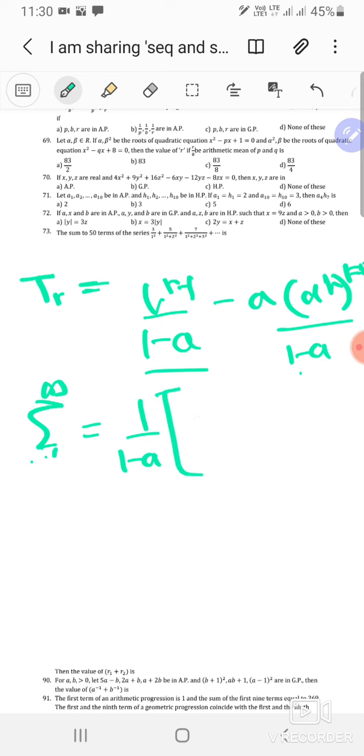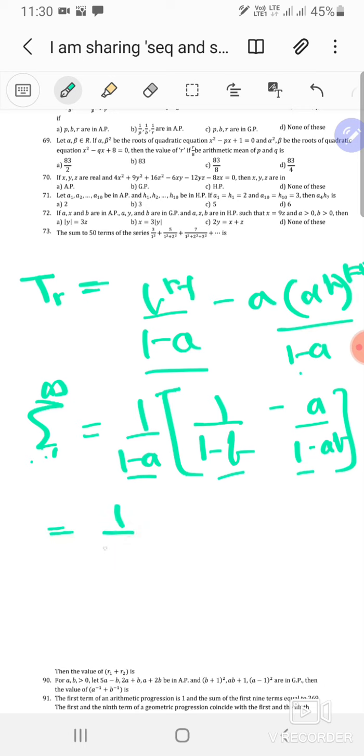The remaining stuff is B power R minus 1. So the first term is just 1 and the ratio is B, so 1 upon 1 minus B, minus: the first term is A, the ratio is AB, so A upon 1 minus AB over there. Okay, so that should work, right? So the sum of B power R minus 1 from 1 to infinity is this thing, then for A into (AB) power R minus 1, that's this thing, and then you have this common.